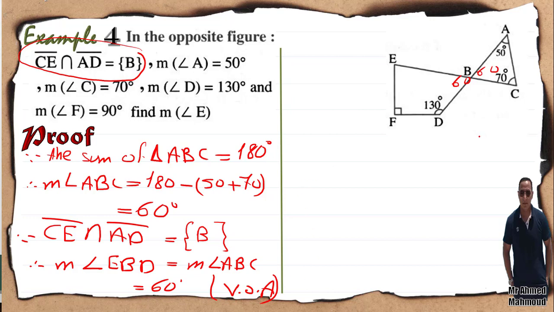Okay, now this shape is formed from four sides, since EBDF is a quadrilateral.